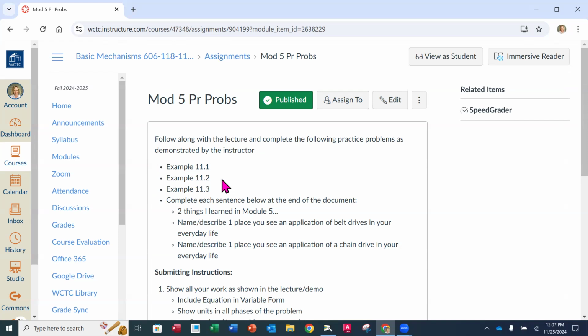Reminder about the practice problems. The practice problems are a 0 or a 10. Remember, if there's 1 or 2 small things that you missed, you probably will get the 10 points, but I'll make notes on them.